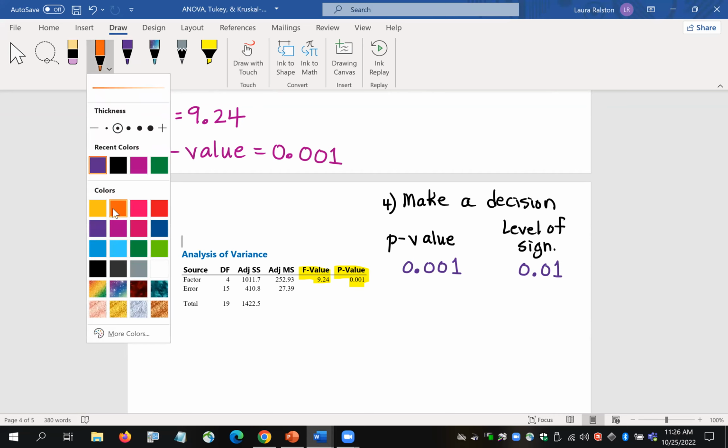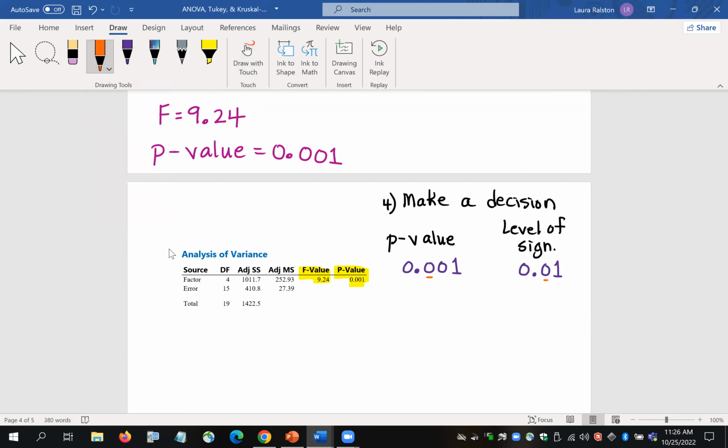Again, we compare those digit for digit. The first number after the decimal is 0 for both. Second number, I have 0 for the p-value, 1 for the level of significance. 0 is less than 1, so the p-value is less than or equal to the level of significance. When p is less than or equal to the level of significance, we reject the null.